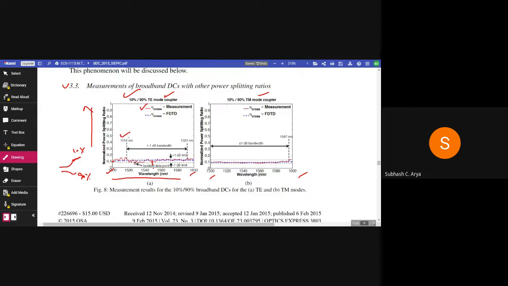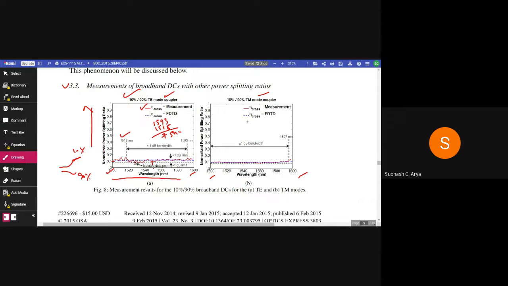So that is from 1580 nanometer to 1533, almost. Here we can just subtract to get the bandwidth. So 13 minus 8 is 5, and 8 minus 1 is 7. So 75 nanometer is the bandwidth of this.